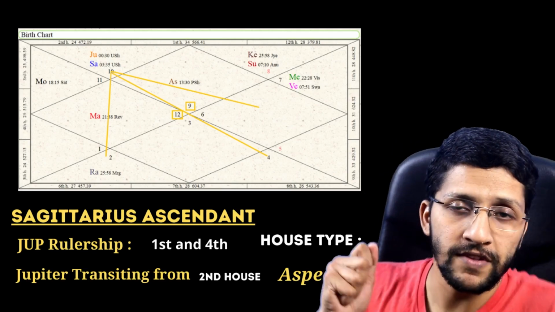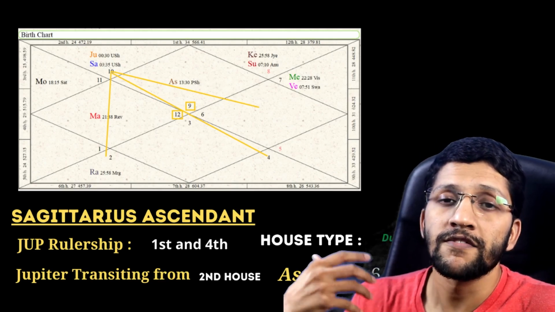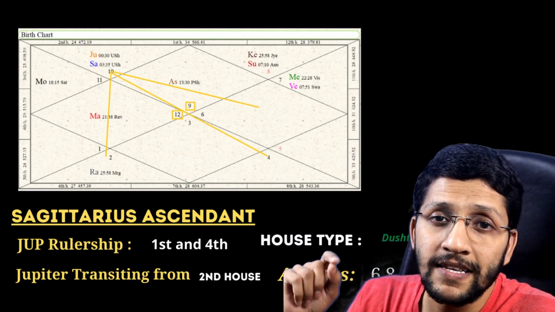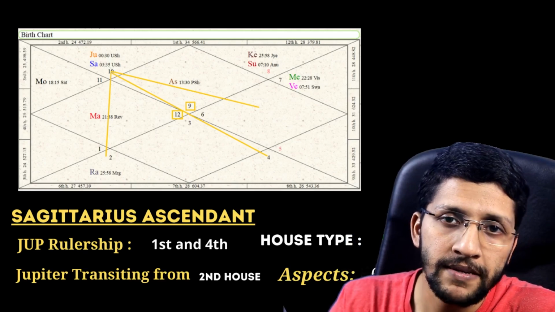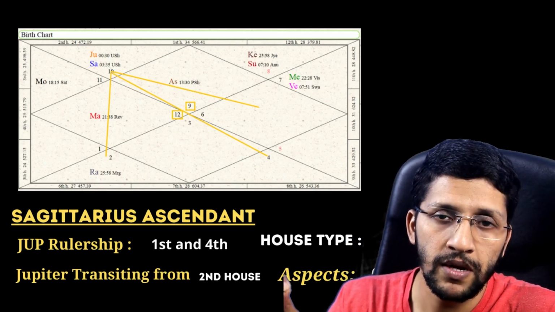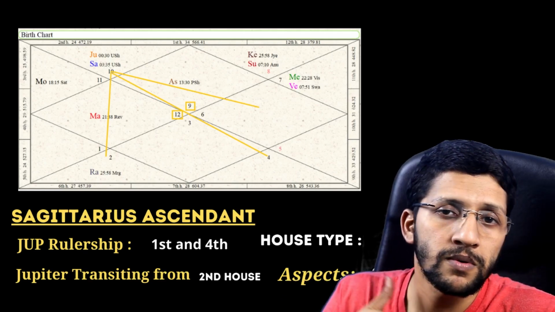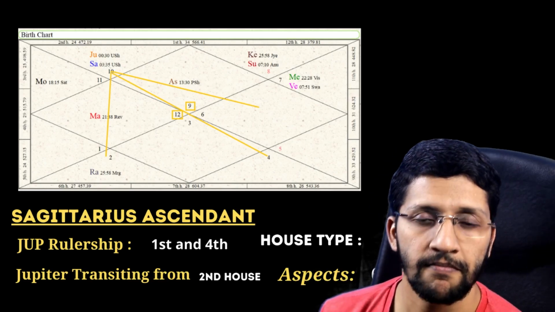So make most of this transit from the second house. But as it is connected with Saturn, don't try to speculate during this time. Investing will be helpful, but don't be involved in speculation.